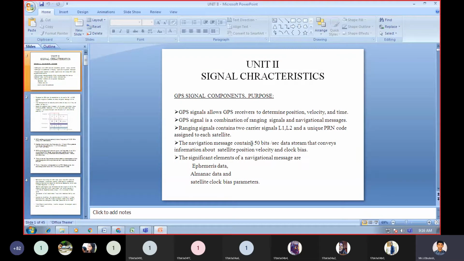The GPS signal is a combination of ranging signals. Ranging is nothing but finding the distance between the GPS transmitter and receiver. So that is called ranging. The GPS signal is a combination of ranging signals and navigational messages.